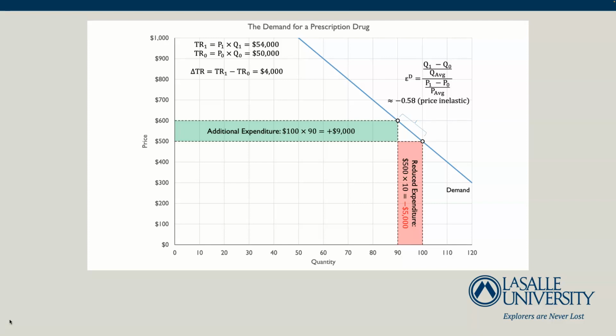So that's why the increase in price led to increased revenue and also increased expenditure on the part of patients or their insurers.